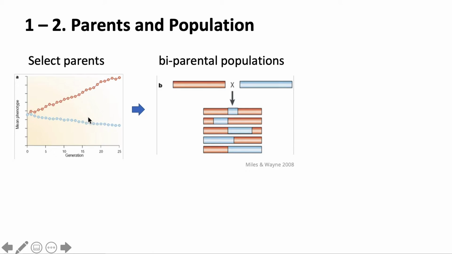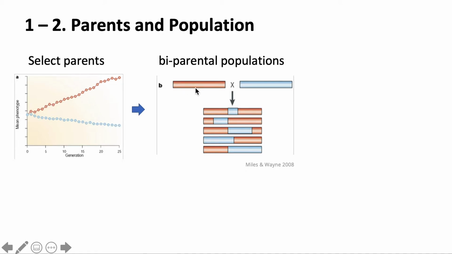So when we're selecting the parents to use for QTL analysis, it's really important that the difference between their phenotypes is large, because the bigger the difference between both genotypes we use as parents, the more potentially we're going to discover the regions that are related with that phenotype.